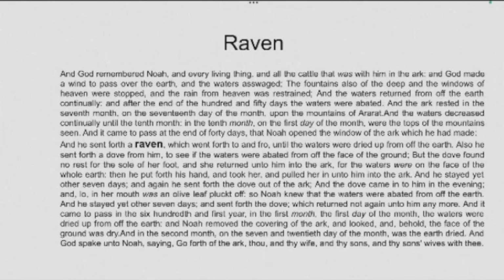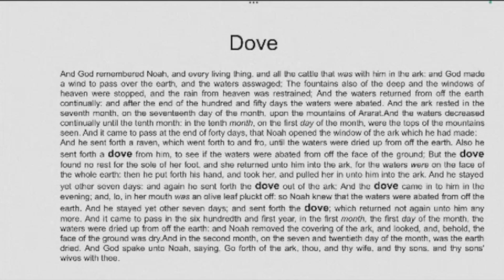Now, one key which Madame Blavatsky gives us while reading the chapter on Genesis in the Bible is, while referring to one of the works called Source of Measures, that the word raven appears once in that chapter, and the word dove appears 5 times.